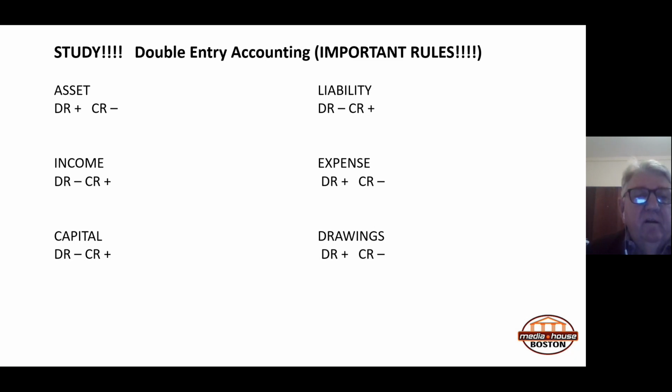Okay, so if I have a sale, I'm going to credit my sales, which means my sales increase. Okay, and what happens then? Remember, 2 transactions, 2 entries. There's a credit on the sales increase. And if it's cash, it's going to go to my bank, and I'm going to have money coming into the bank there.